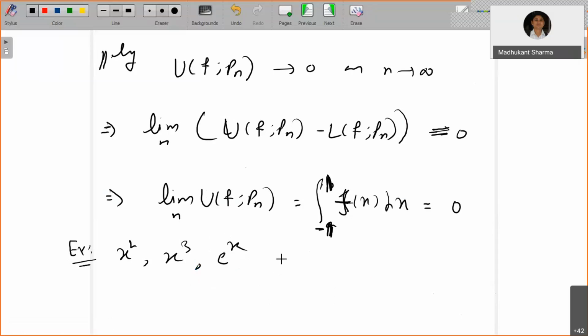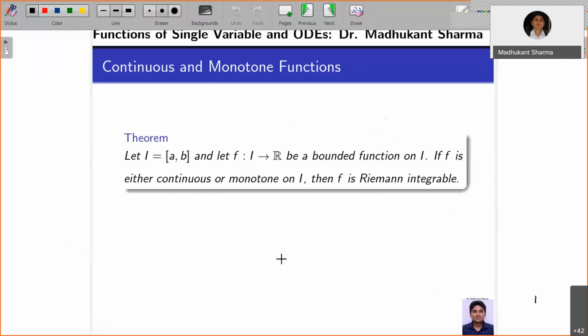Right. Now, the next result is a very important result, which you can also state in your assignments or problems: if a function is continuous or monotone, either monotonically increasing or decreasing, on a closed and bounded interval [a, b].